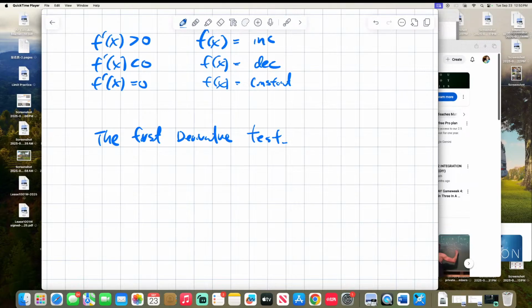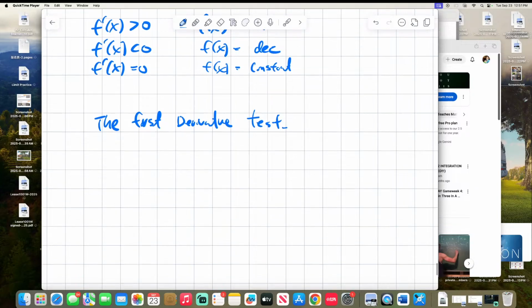Isn't it where you take the critical points and put them on the number line, and then you factor whatever's left and plug in to find the increase? You both say the same thing, but why are you doing that? What is the first derivative test? Isn't it a check? It's like a max. Oh, good job, Brendan.